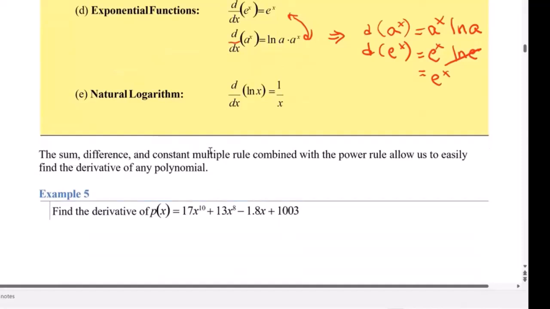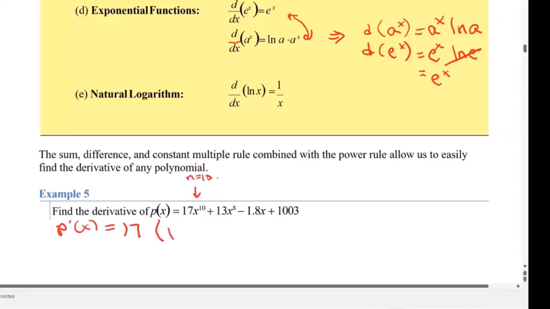So the sum, difference, and constant multiple rule combined with the power rule allow us to easily find the derivatives of any polynomial. So let's say I want to find the derivative of this. So I'm going to say p prime of x. Well, remember, we're going to take the constant out, and then we're going to multiply by n, we have 10, x to the 10th. So here, n equals 10.